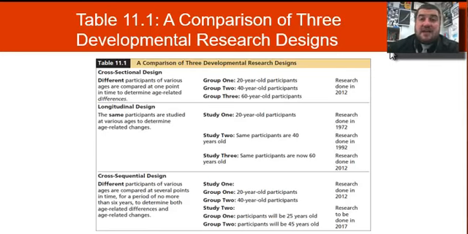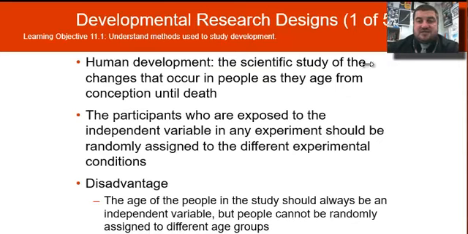So let's talk about the advantages and disadvantages of each of those. Basically, human development means we're talking all the way from conception until death, and that's a long time. So every aspect of change along those lines is what a developmental psychologist will study.